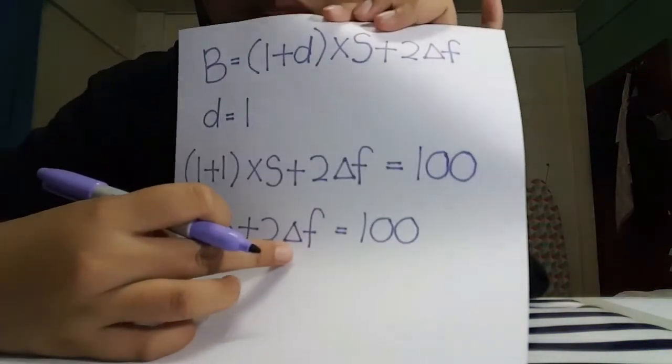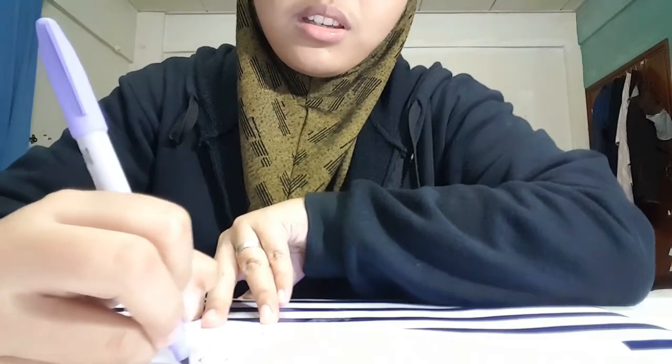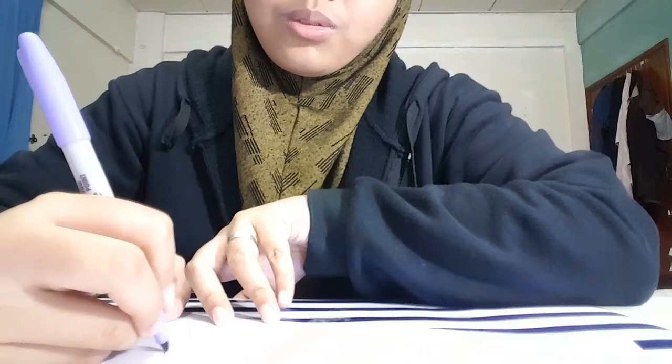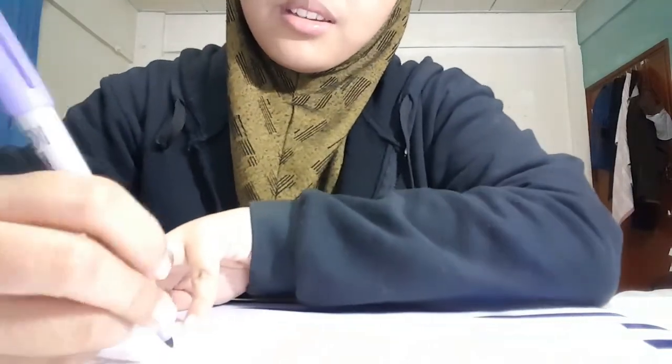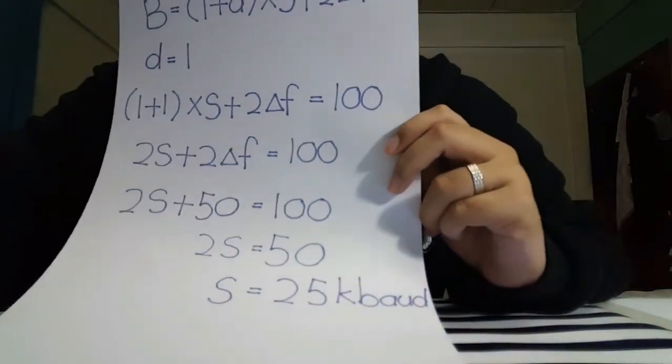We assume this one is equal to 50. So it's basically 2s plus 50 is equal to 100. So 2s, the 50, we bring it to the other side, so minus, so 2s is equal to 50, so s is equal to 25 kilobaud. So we have it. This one is the solution for the example.